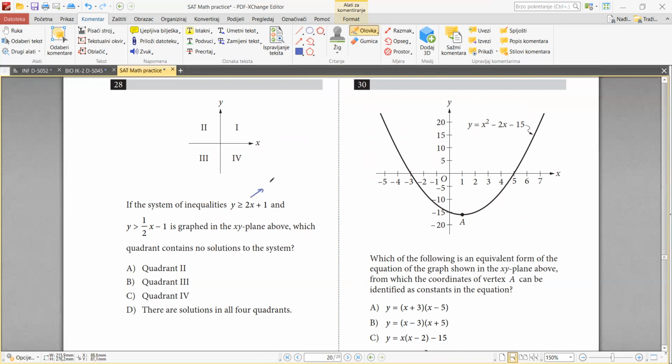So this equation right here, this means that this part is included.